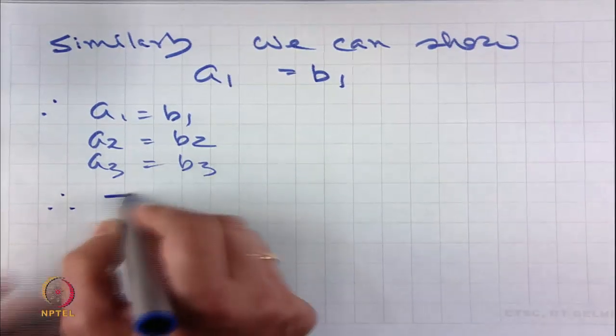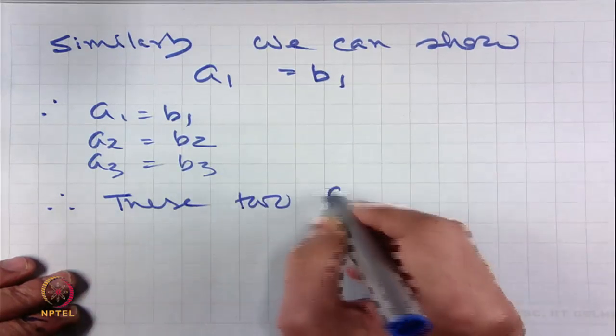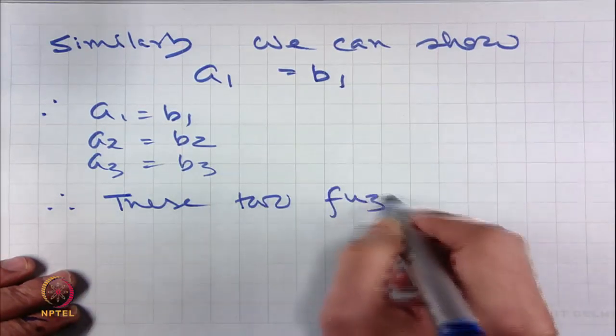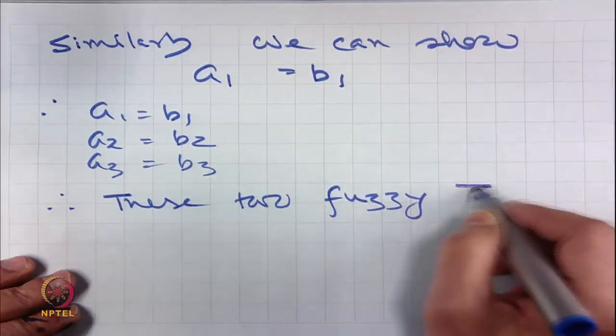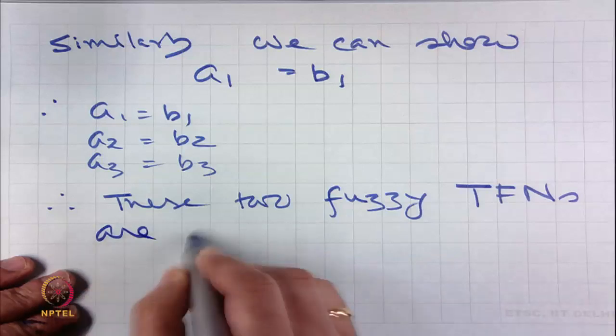Therefore, these two fuzzy TFNs are the same.